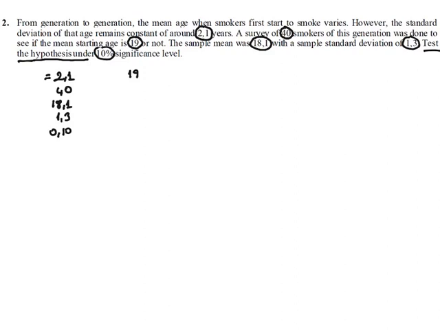So what is 2.1? We can understand from the question. It's a standard deviation, but which standard deviation is it? Is it the standard deviation of the sample or the standard deviation of the population? It says that the standard deviation of the age remains constant all the time.